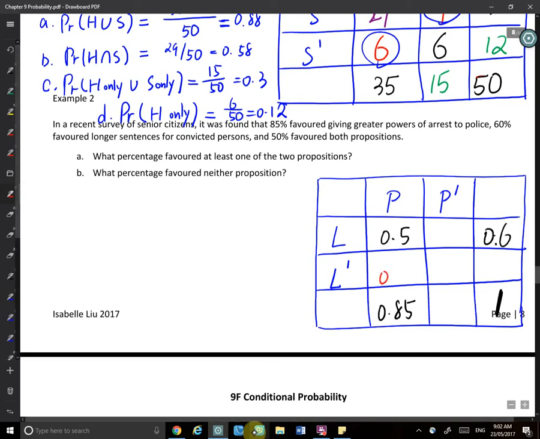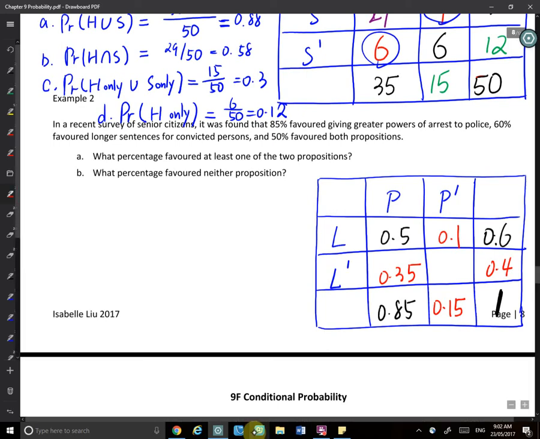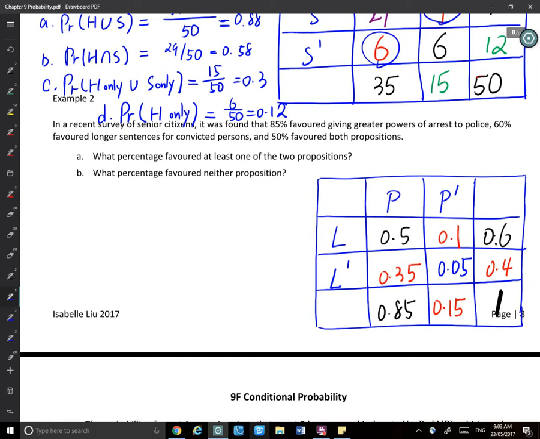Then I can have 0.35, 0.4, and 0.15, and then 0.1. Doesn't matter which way you calculate it, it always gives you 0.05. You can check: 0.5 plus 0.1 is 0.6, 0.35 plus 0.05 is 0.4, 0.85 plus 0.15 is 1, and vertically too.